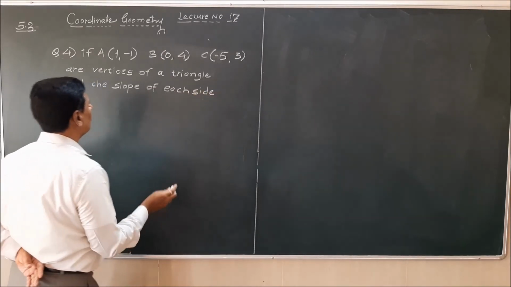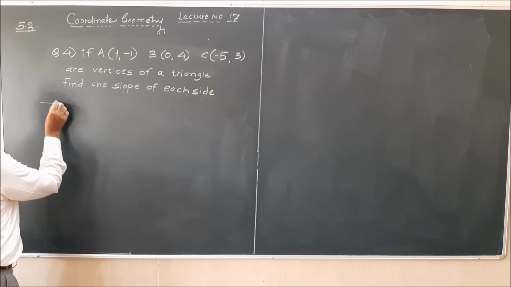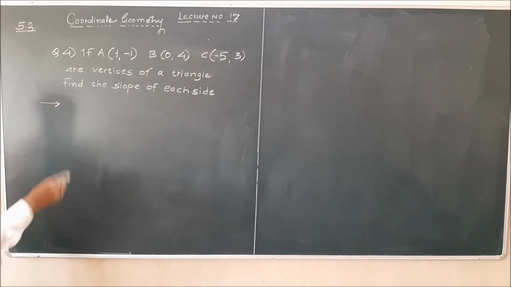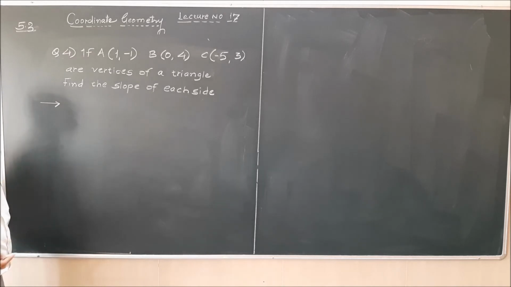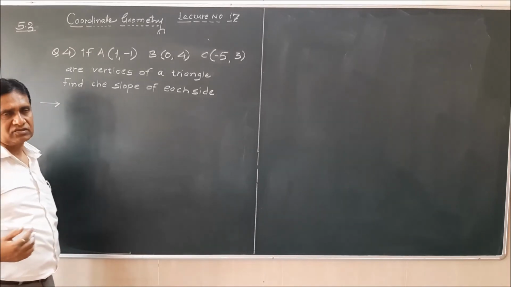Okay, so same way, you all are familiar now with the slope of AB and slope of BC, and in this case, in addition to that, we'll also find out the slope of AC.